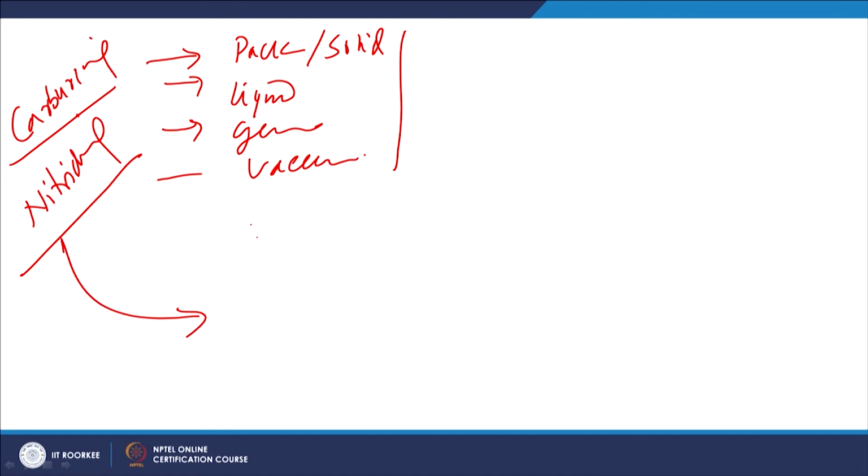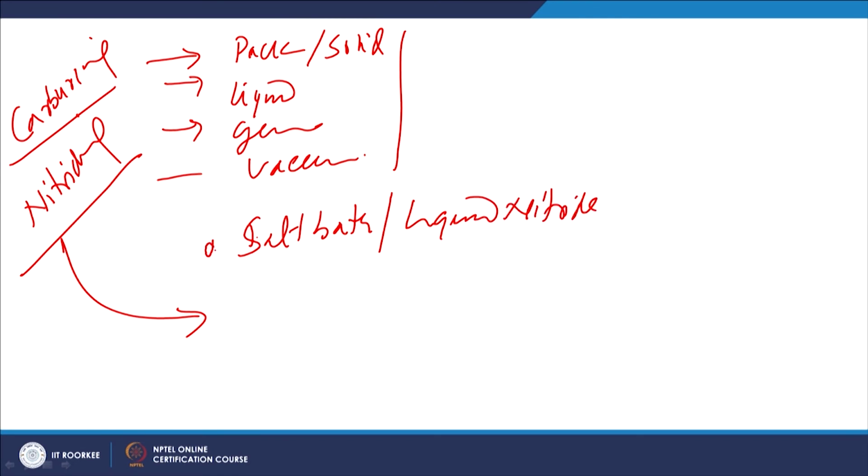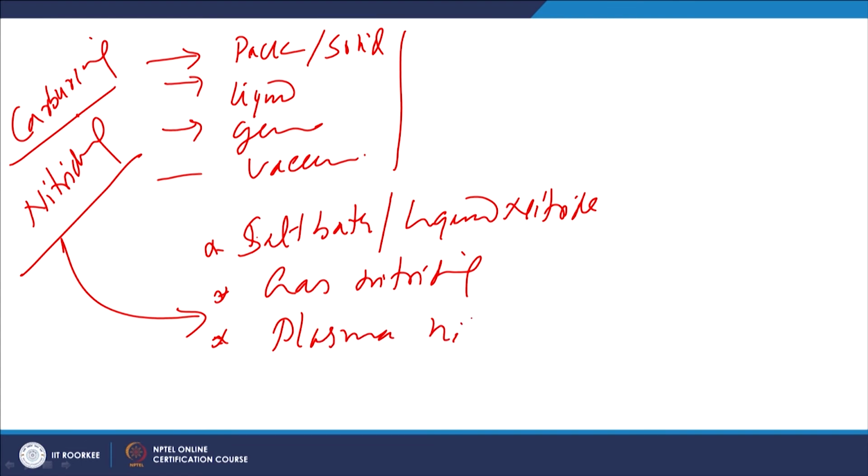One is salt bath or liquid nitriding. The second one is gas nitriding, and the third is plasma nitriding.